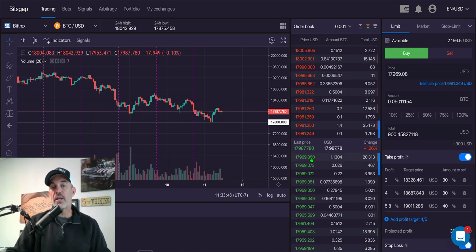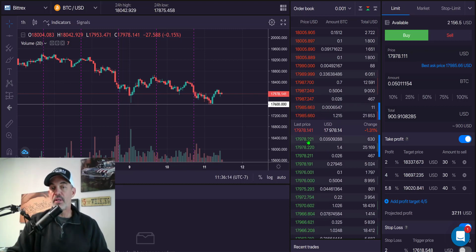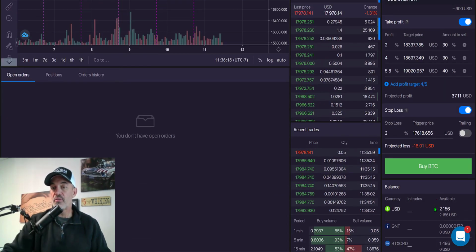And that's another part of reading the tape, is I see the bids dropping and the ask is not really following the drop, so we're getting a spread in between the two. And the last price trade is still right here around the ask price. And I'm going to go ahead and click on the best bid price and see if we can't place this order for the sake of the video.